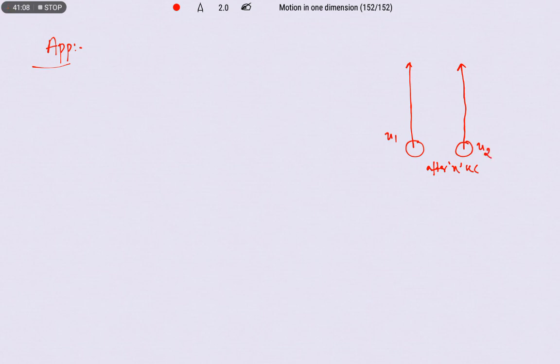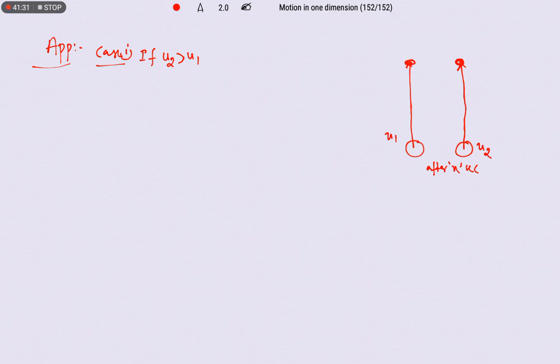Okay, so here we are going to discuss two different cases. Case 1, if u2 is greater than u1, so what will happen? If u2 is greater than u1, both the bodies are going to meet at a particular point.